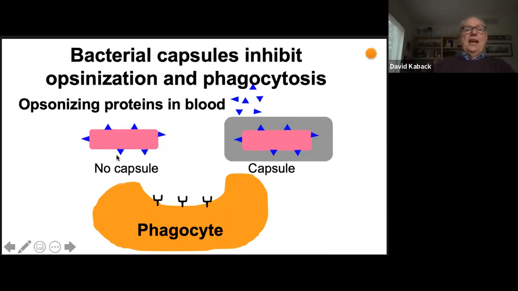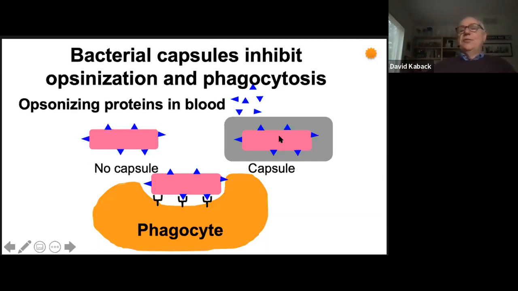Whereas this guy that's coated and opsonized by these proteins can be easily recognized by a phagocyte, shown here, and bind to it, so it then gets swallowed up by it. The encapsulated bacteria, shown here, is much harder to phagocytose because the macrophage cannot see those opsonizing proteins and recognize them and induce that phagocytosis.